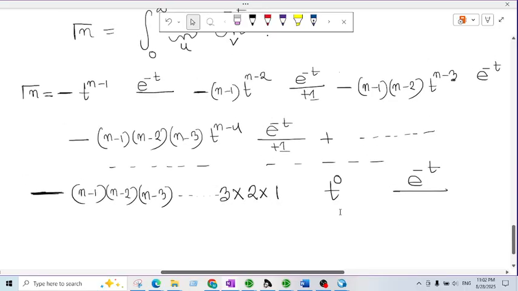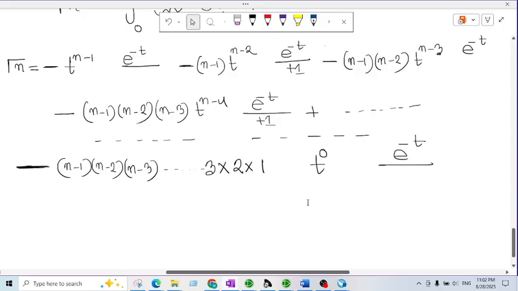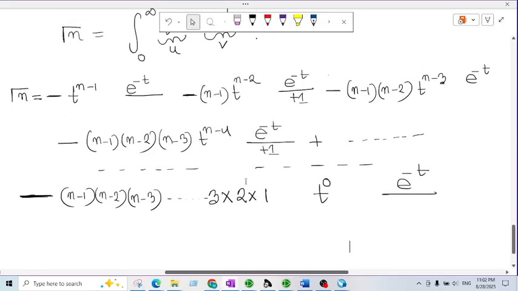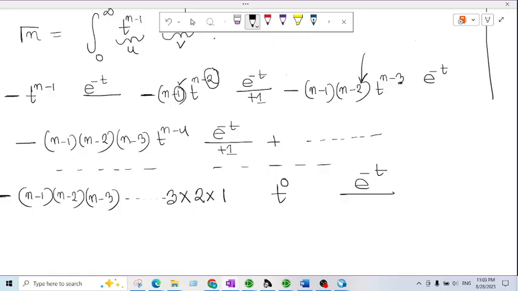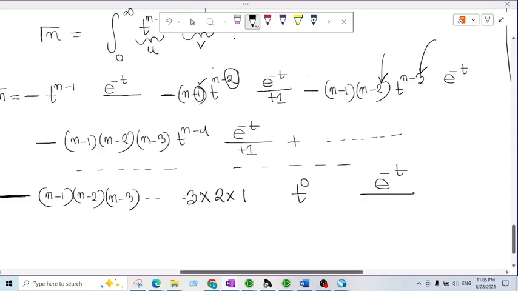Secondly, let's examine this. At this term, you see this is 1, and the next number after 1 is 2, which is right here. Now in this term, you have a 2 here, and the next number after 2 is 3, which is over here.